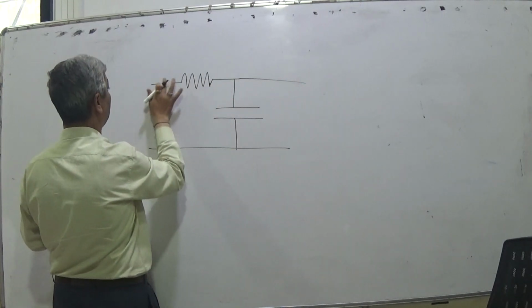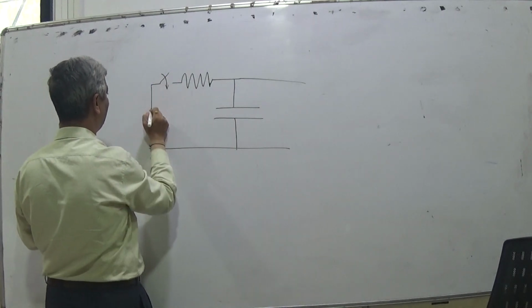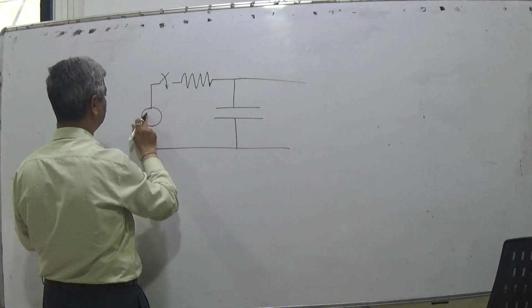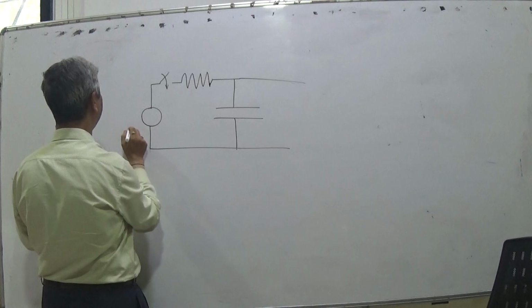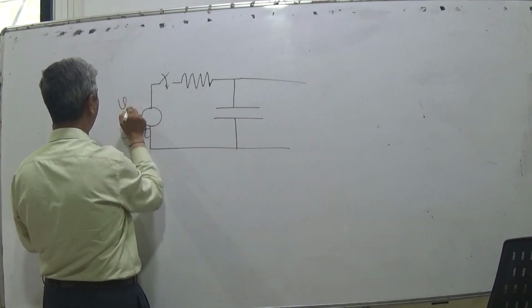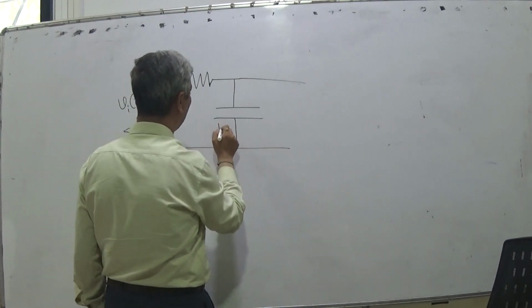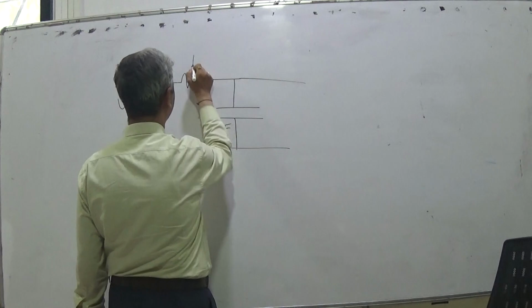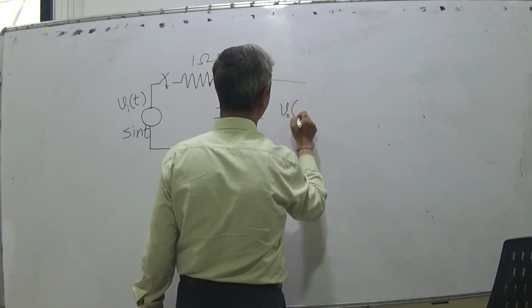Then again we have a switch here, and we have a voltage source here, which is sin t, that is, V in of t is sin t, with a value of 1 farad as usual, and 1 ohm as usual.